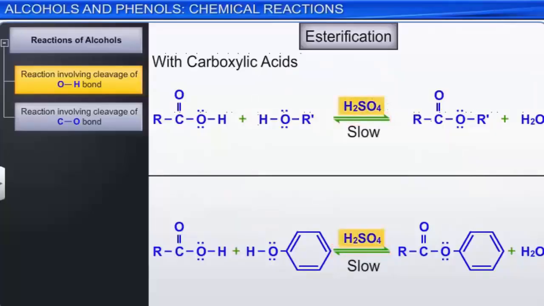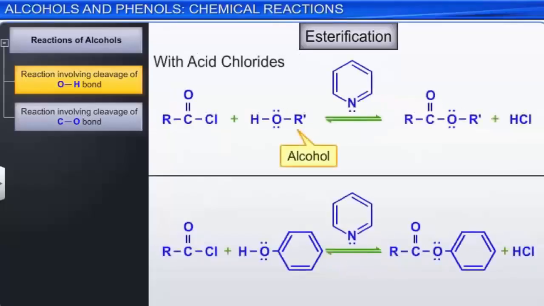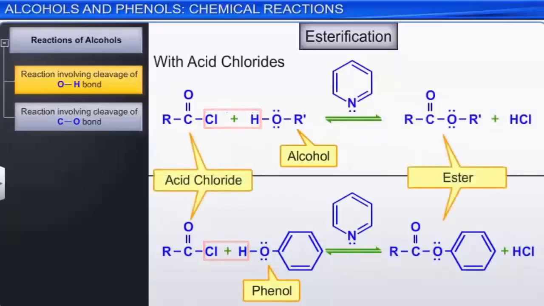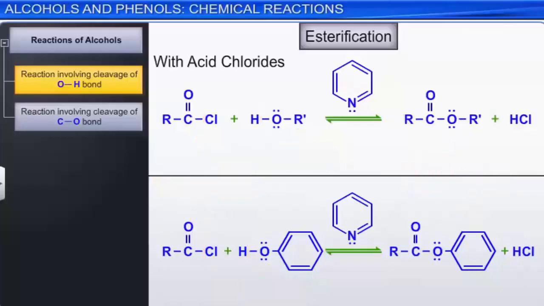Alcohols and phenols can also react with acid chlorides to form esters. These reactions are carried out in the presence of a base, such as pyridine. The base neutralizes the hydrochloric acid as it forms, which causes the equilibrium to shift right.